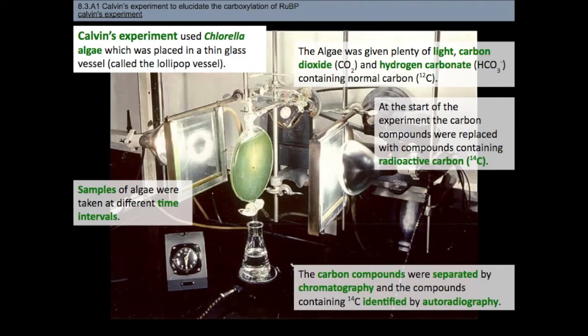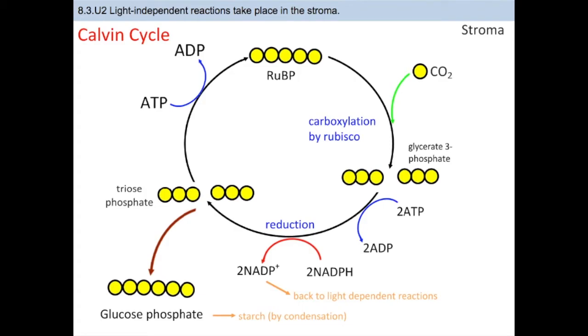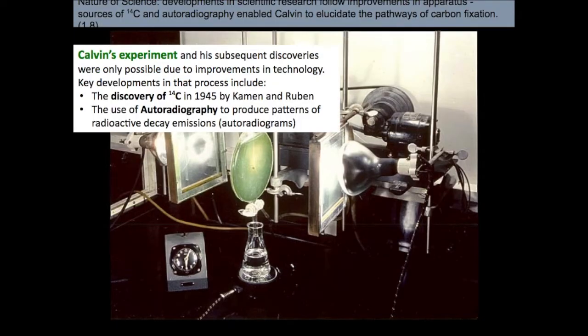Okay, so why do we believe Calvin? What was his evidence for proposing this Calvin cycle? First of all, Melvin Calvin was able to do an experiment because 2 things were discovered during his time. First, the carbon-14 isotope. Remember in chemistry, we've learned that carbon-14 isotope is radioactive.